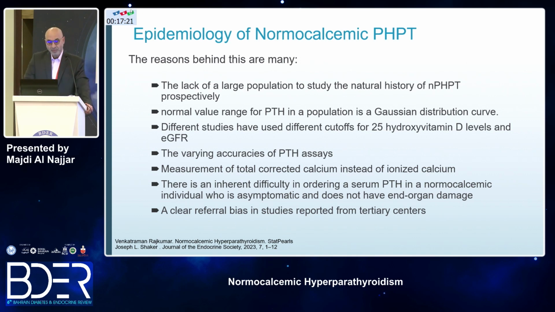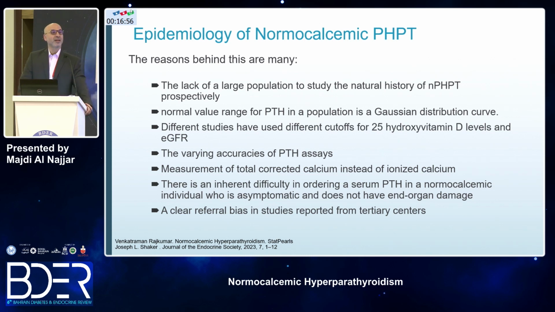Also, the accuracy of PTH assays differs, and different assays are used. Some studies use total calcium, and we know that in this condition sometimes only the free calcium is elevated. And in practice, it's difficult to order PTH if someone has normal kidney function and normal calcium, as insurance will not pay for it.